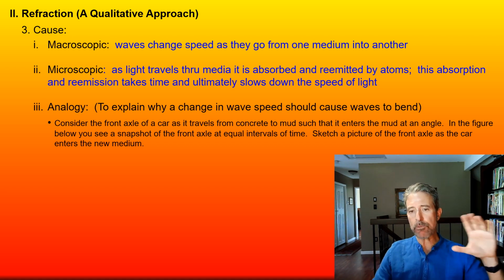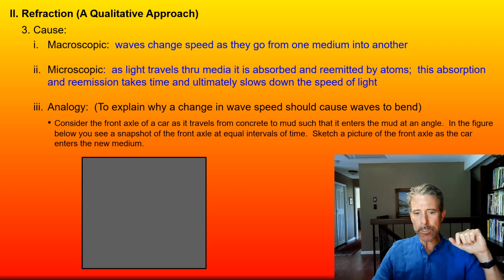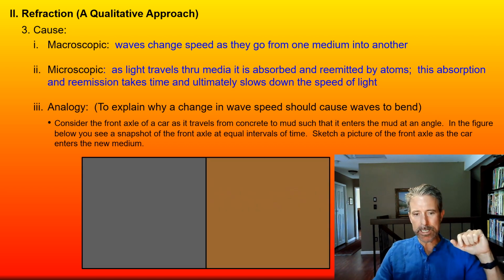I'm going to say from concrete into mud, because we all have experience of how our car moves in concrete and how it moves in mud. We know that our tires are going to move much faster in concrete than they are in mud. So let's take a look at a picture here. Here's the concrete and here's the mud. And here I'm showing you the front axle of your car.